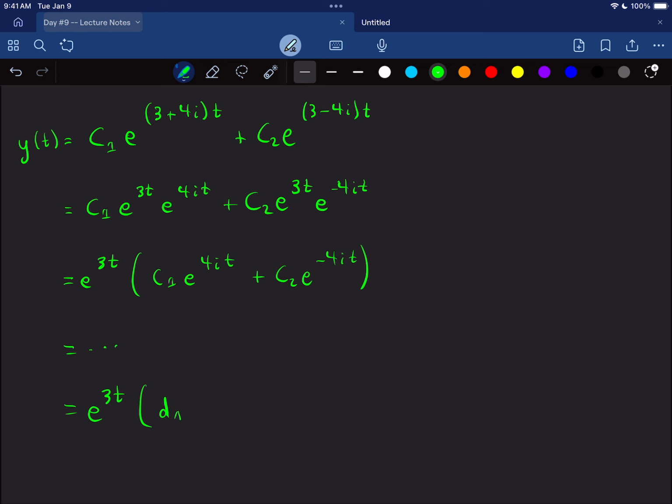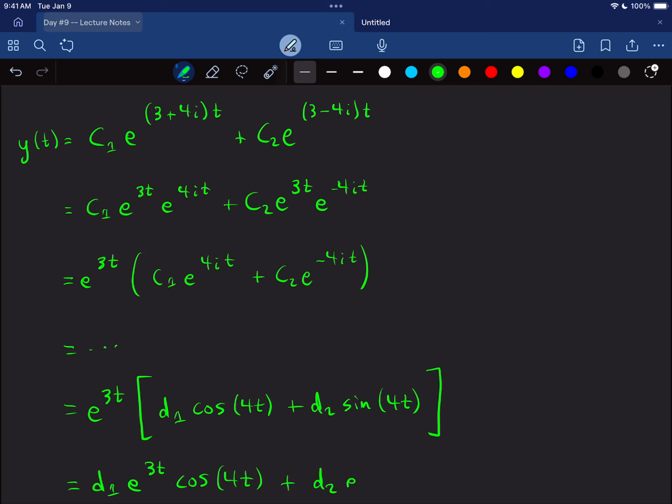I'm going to have d1 cosine of 4t plus d2 sine of 4t. Done. There's your final answer. If you want to write it like this, you're more than welcome to. This is usually how I write my answer. It's just personal preference.